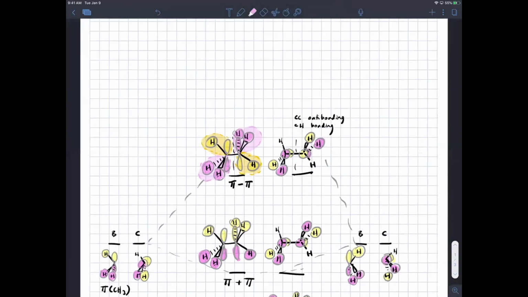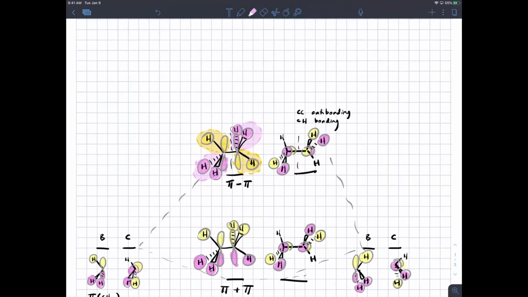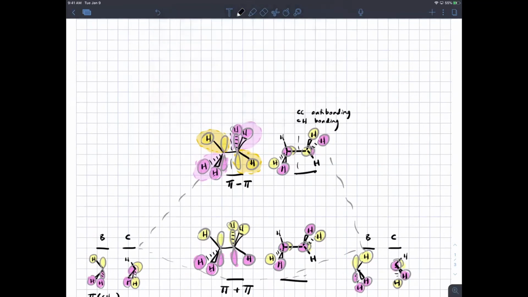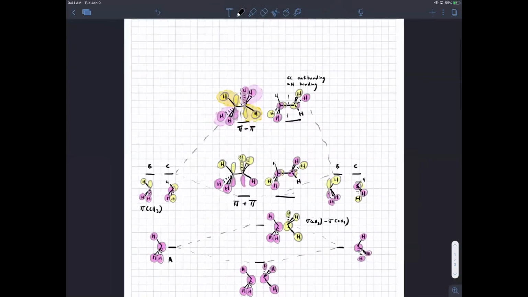The last one we're going to do is going to be combining the sigma out orbitals that we drew last time. I'm not sure how high up I should put them. We're not worried about absolute energy relationships.